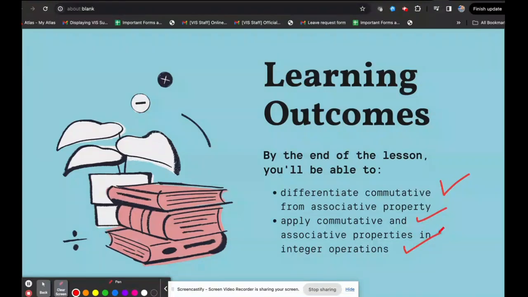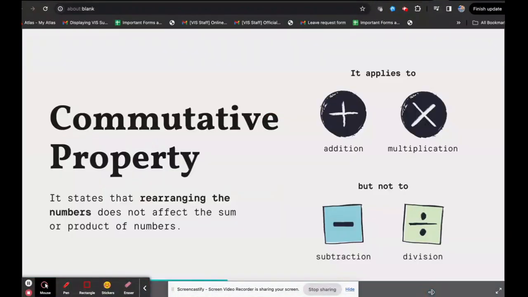So first you are able to differentiate between the two properties, and second you are able to apply the properties in integer operations.